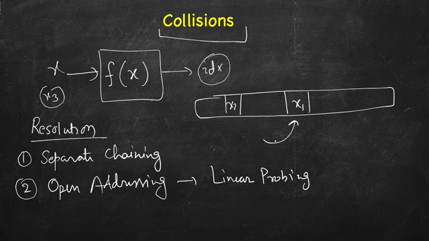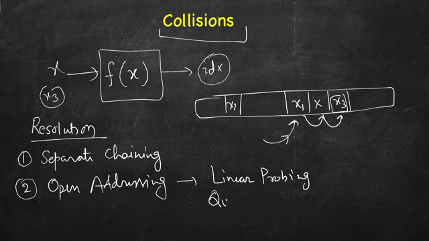We want to add x3, and again it maps to this location. But this location is already occupied. So what we will do, we will check the immediate next position, one index next. If it's again occupied, we will check the next one. We will keep doing this until we find a blank spot, and then we will put it there. Let's say some other value was here. So this is called linear probing. There is quadratic probing also.